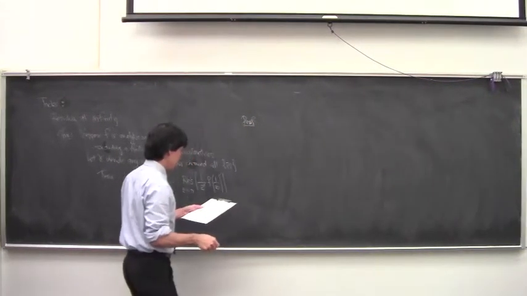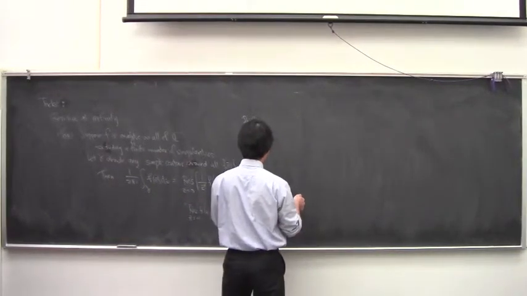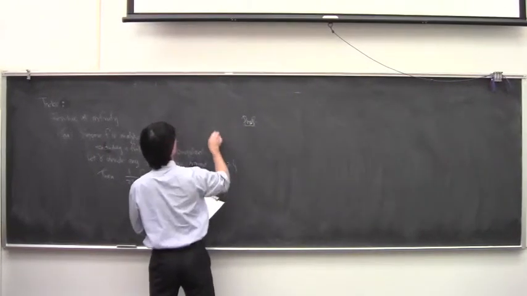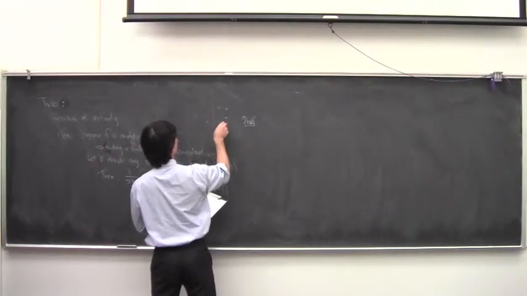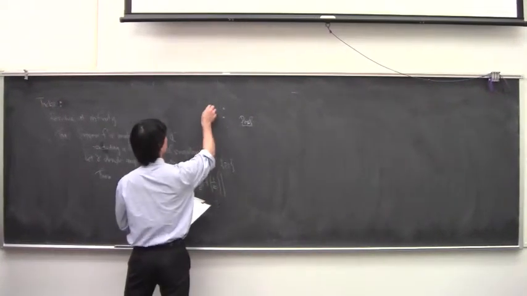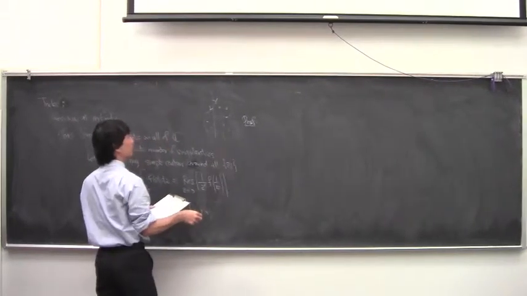Okay. So you have a bunch of singularities, and you have some path gamma going around them.